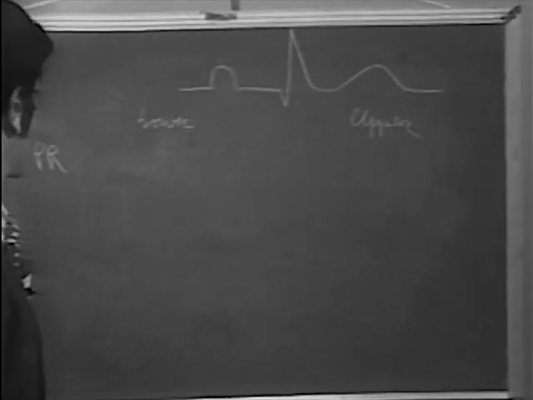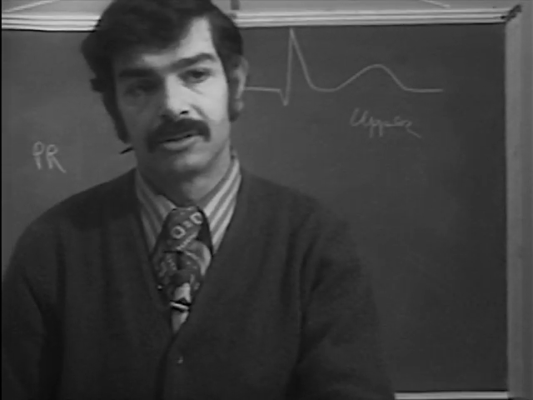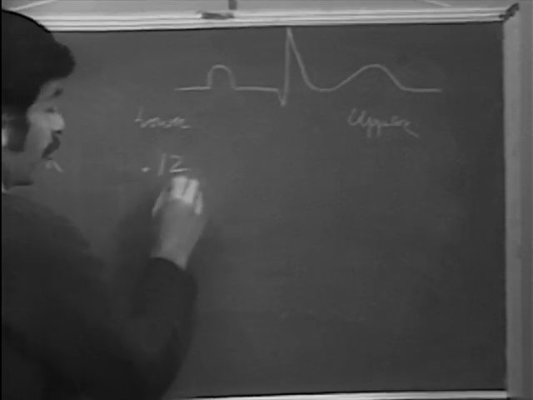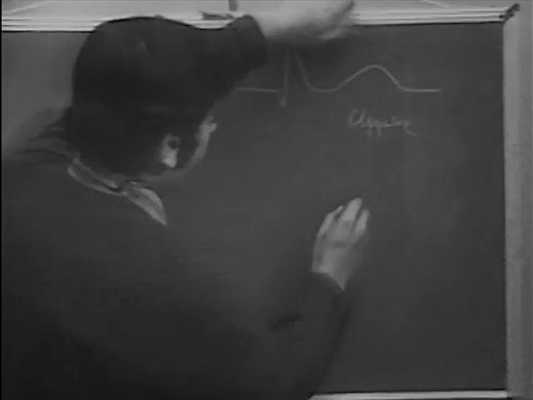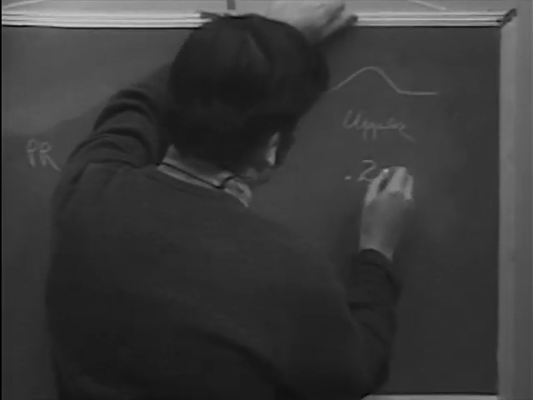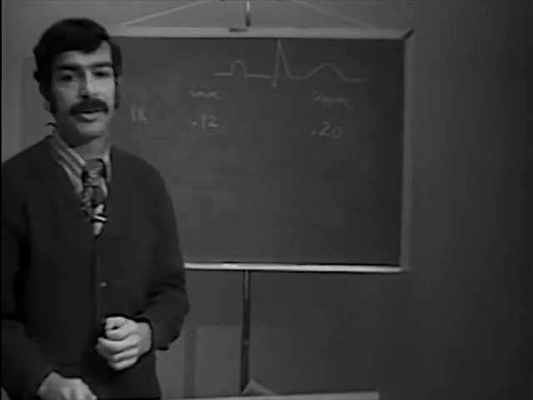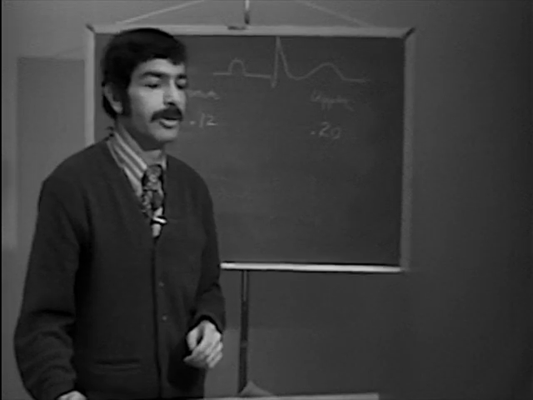Right? So what's the lower limit of normal for the PR interval? 0.12. And the upper limit of normal is 0.20. Okay, these are two numbers that you just have to learn. You can't live without them. These intervals are extremely important. You just have to sit down and memorize them.